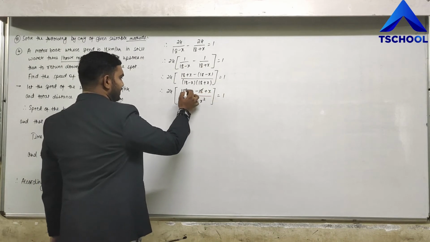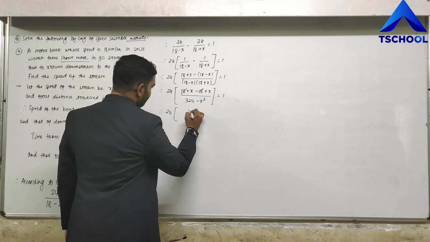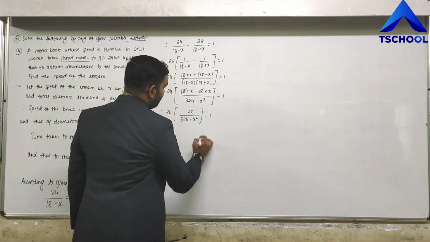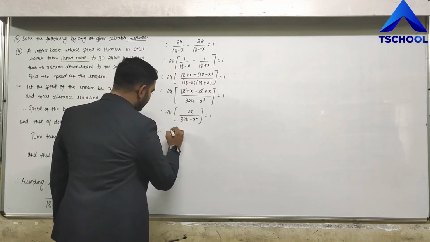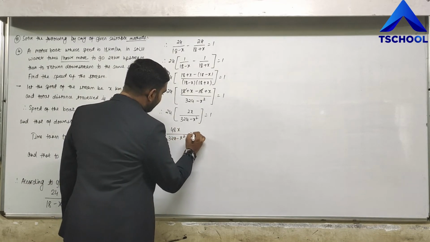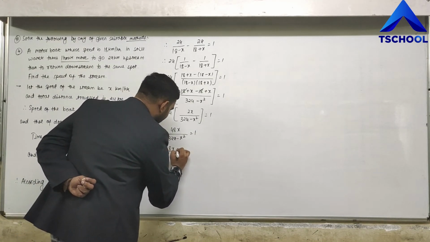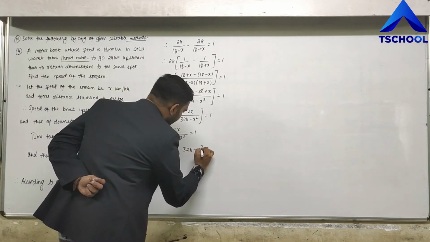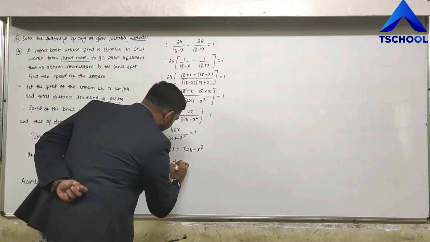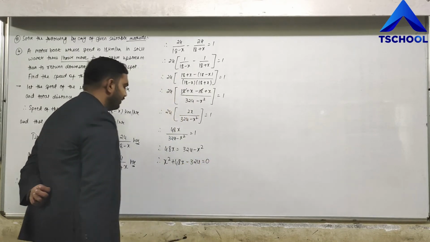So you can cancel out this 18 and minus 18, that is 24 into 2x upon 324 minus x square is equal to 1. Hence 24 into 2, that is 48x upon 324 minus x square equal to 1, and hence 48x equals 324 minus x square. Taking both the terms here, that becomes x square plus 48x minus 324 equal to 0.